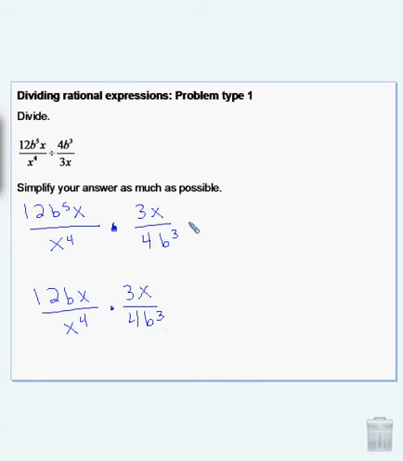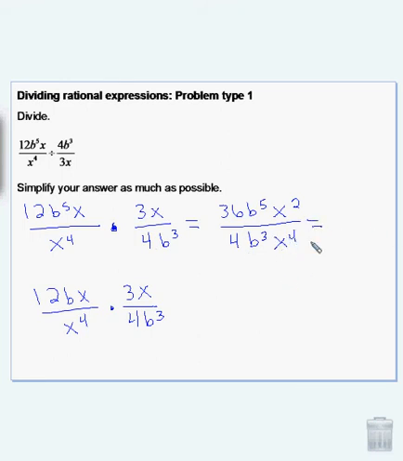Okay, in our first method, we multiply straight across. So 12 times 3 is 36. I have a b to the fifth, and then x times x gives me x squared. Across the bottom, 4, I have a b to the third, and an x to the fourth.